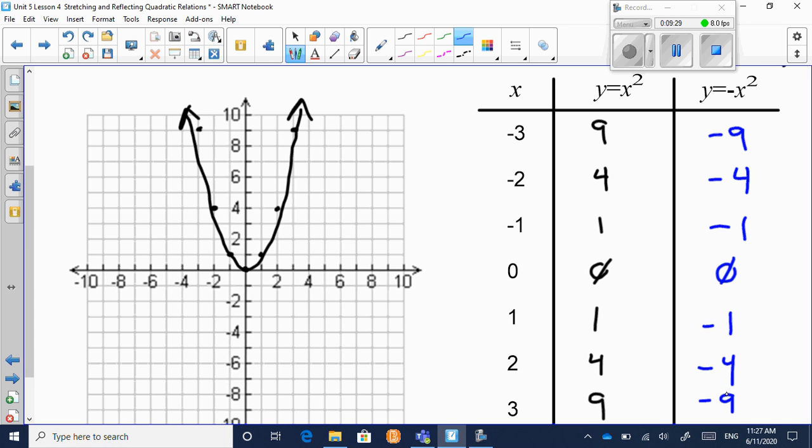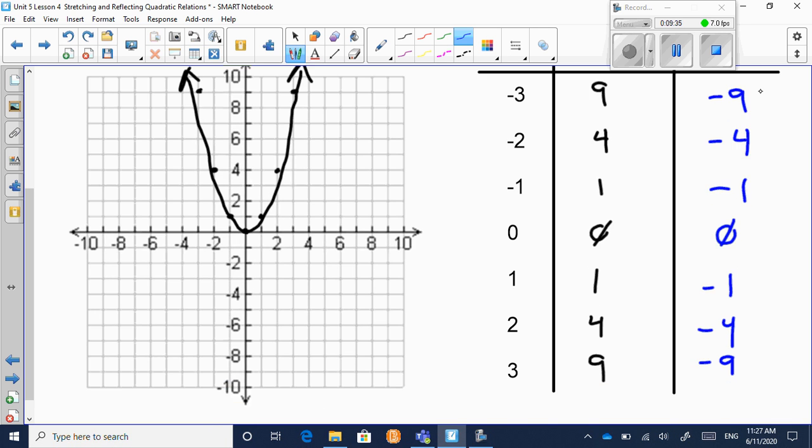After you've plugged the value in, squared it, you then have to apply the negative to it. And so that's why it ends up looking like this. So here the values are (-2, -4), (2, -4), and then (3, -9).